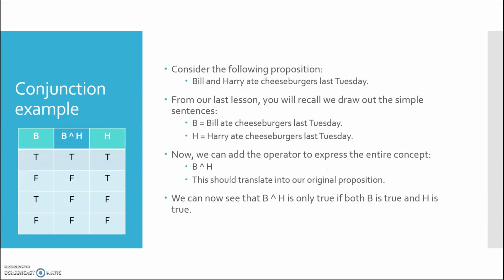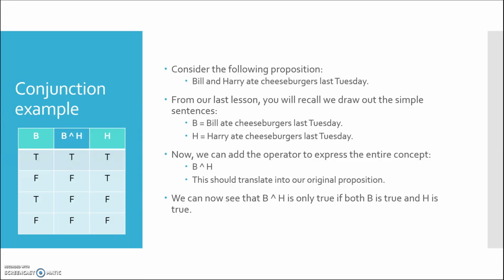Let's look at this proposition. Bill and Harry ate cheeseburgers last Tuesday. You'll remember from our last session that we break down this proposition into the simple sentences contained therein. We'll have B equal Bill ate cheeseburgers last Tuesday. H will represent Harry ate cheeseburgers last Tuesday.